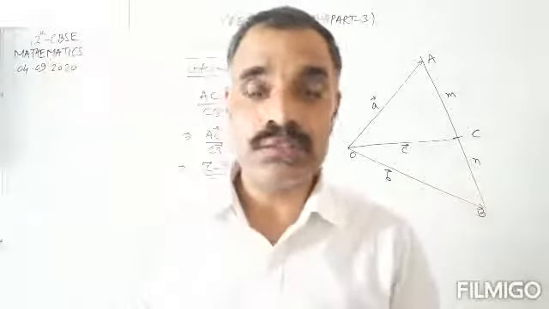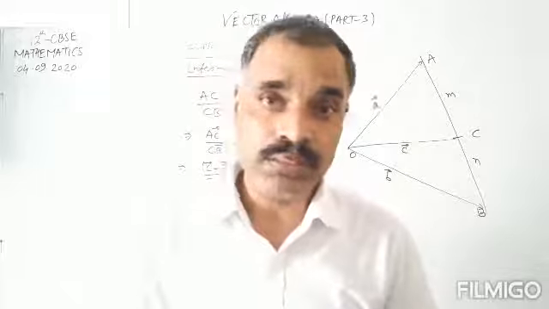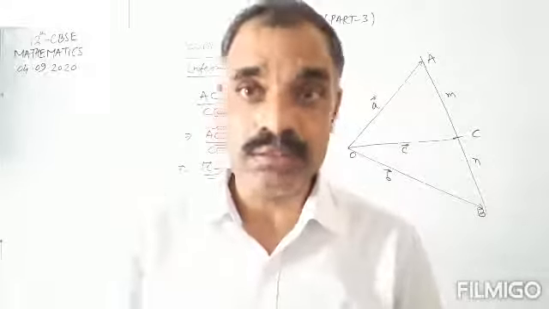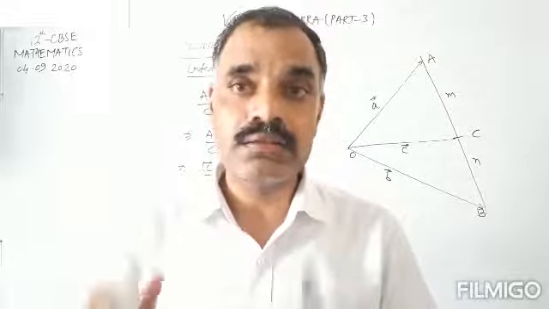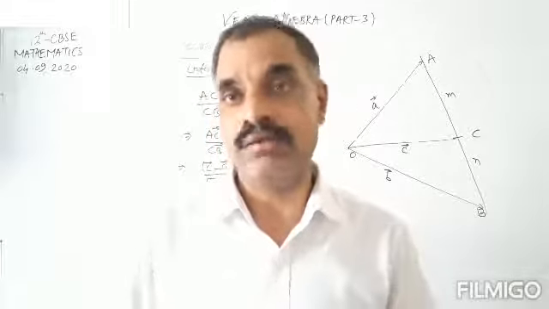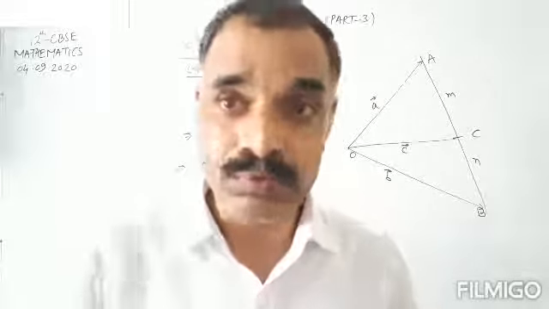The multiplication is opposite, as you can see. So this is the formula when a point internally divides the given line segment. This is the internal section formula.